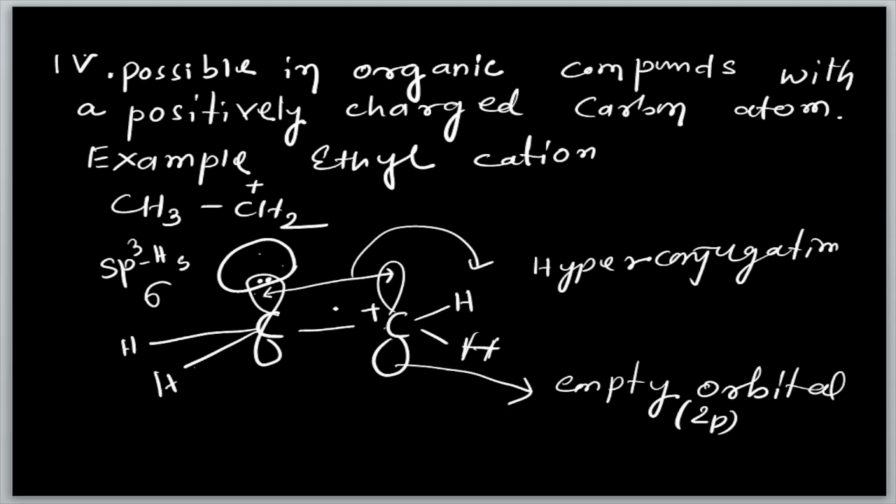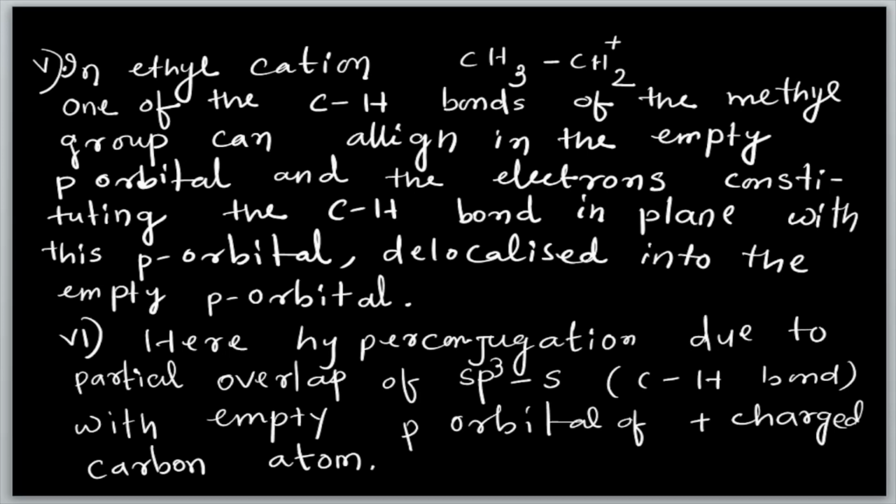So this is hyperconjugation in a cation, here the ethyl cation or carbonium ion. This is the orbital overlapping, the orbital concept of hyperconjugation.